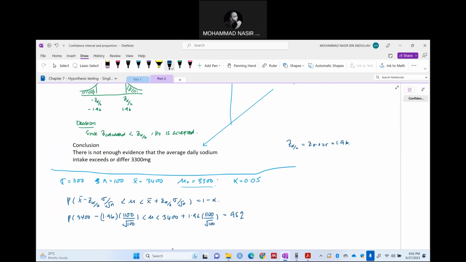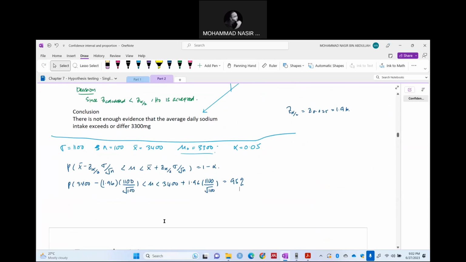Okay. So you calculate this one, you will get the probability of 3184.4 less than mu less than 3615.6 equal to 95%.